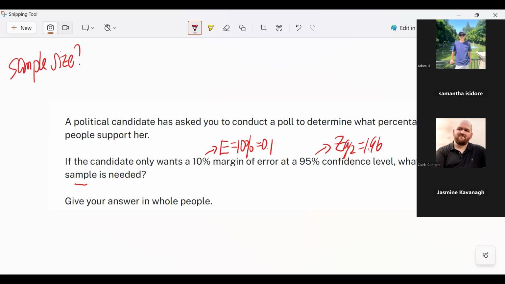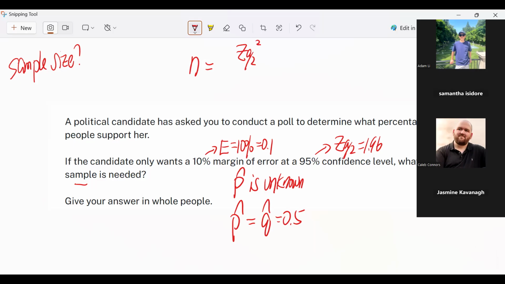So the sample size, so p hat, q hat unknown, p hat is unknown. So we're assuming p hat equals q hat. The sample size equals z-score squared times p hat, q hat, which is 0.25, over margin error squared.